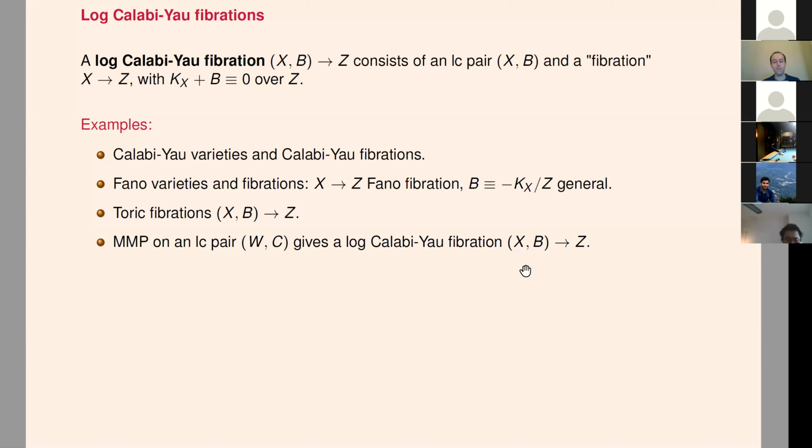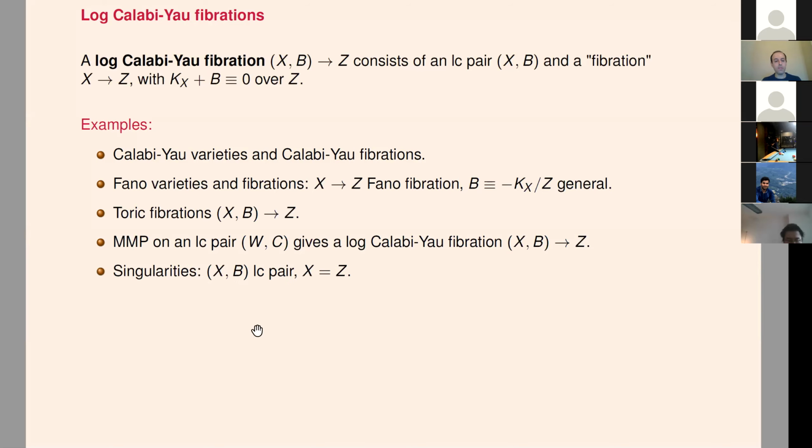But even if you get something in the end where K plus B may be even close to being ample, you still can get a map, for example, a birational map to some other variety where you contract some curves or subvarieties, so you get a log Calabi-Yau fibration. Or you can simply take X to Z to be the identity if K plus B happens to be just ample. So in any case, we will get some kind of log Calabi-Yau fibration.